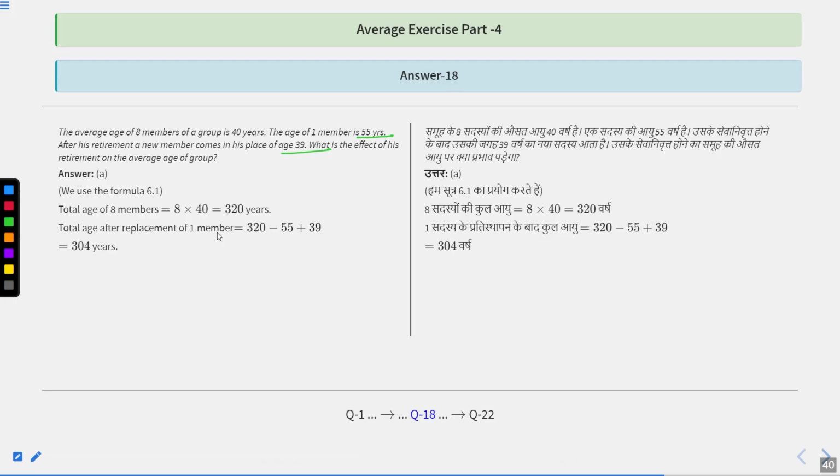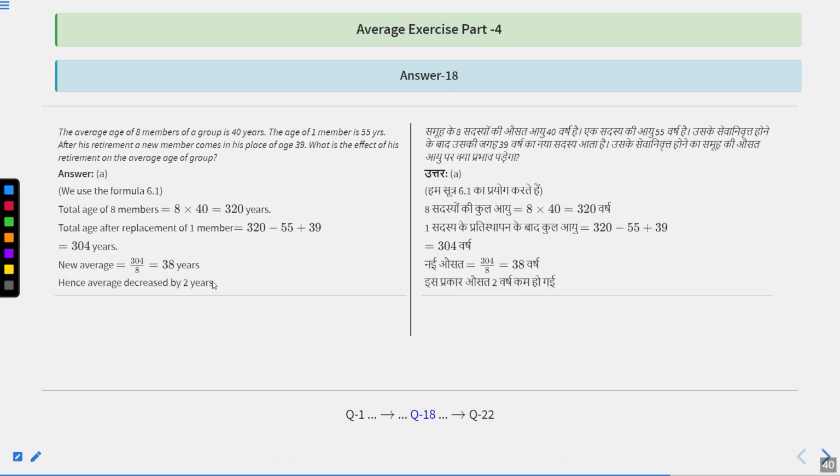So the total age after the replacement becomes 320 minus 55 plus 39, which equals 304 years. So what will be the new average? 304 divided by 8 gives 38. So the average decreased by 2 years, because the previous average was 40 and the new average is 38. So the average decreased by 2 years is the correct answer. Next one.